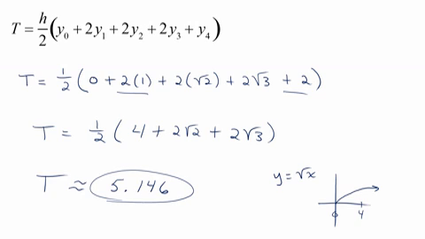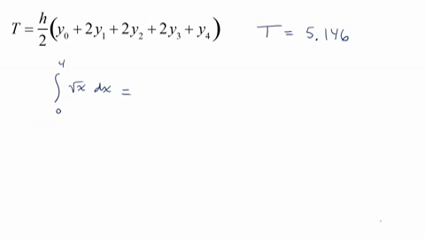The last step is let's actually find out what the value of that definite integral is. So let's evaluate the definite integral from 0 to 4 of square root of x dx. The antiderivative of square root of x is 2/3 x to the 3/2 power. And we want to evaluate that from 0 to 4. So we'll substitute 4 in first.